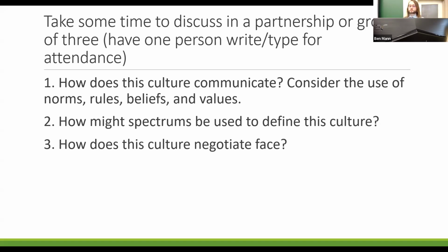Yeah. We did indulgence versus restraint. Yeah, this culture is pretty hard on the restraint side, right? Taking action to regulate behavior and bodies, right? Yeah.